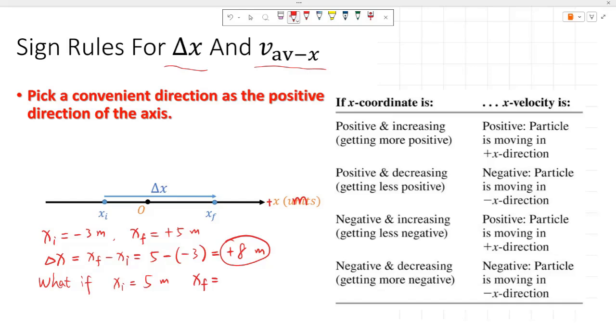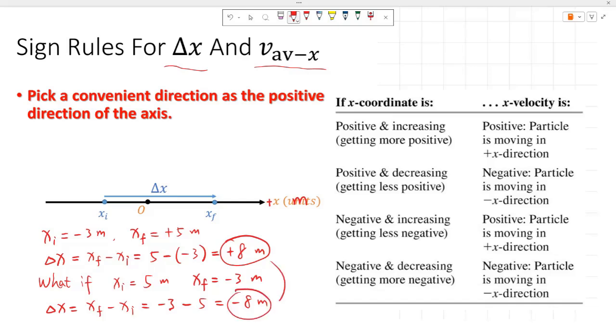Now the final position this time will be -3 meters. So now let's say the displacement will still be x of f minus x of i. Okay. So now the x of f will be -3, right? x of i will be 5, right? So now we get -8 meters.